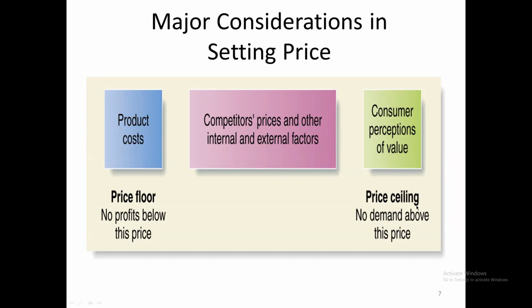And then there is the price ceiling, the level of price above which there is no demand. We have to choose the price of our product between the price floor and the price ceiling. Then we have to consider the competitors' prices and other internal and external factors when we set the price.